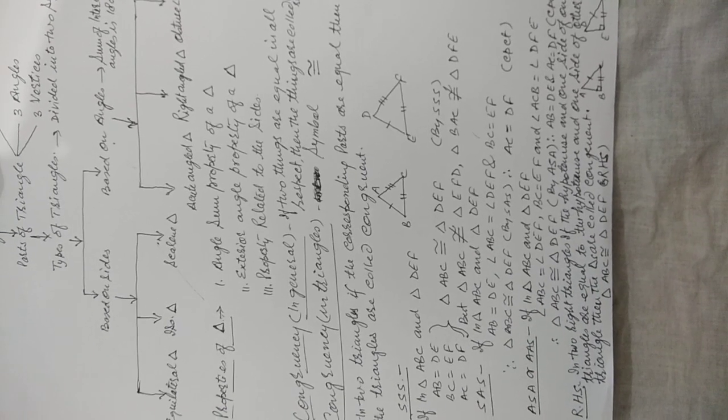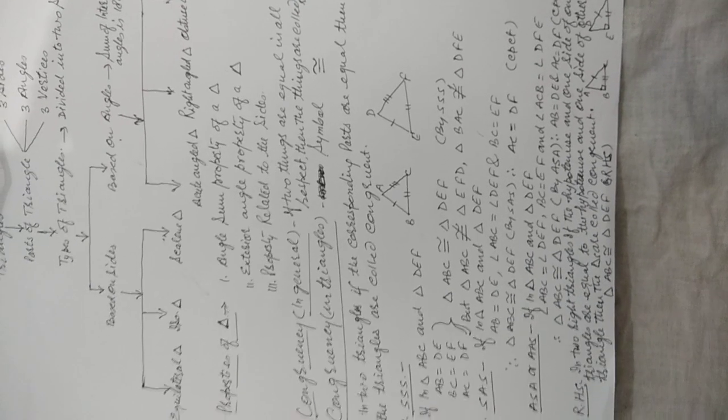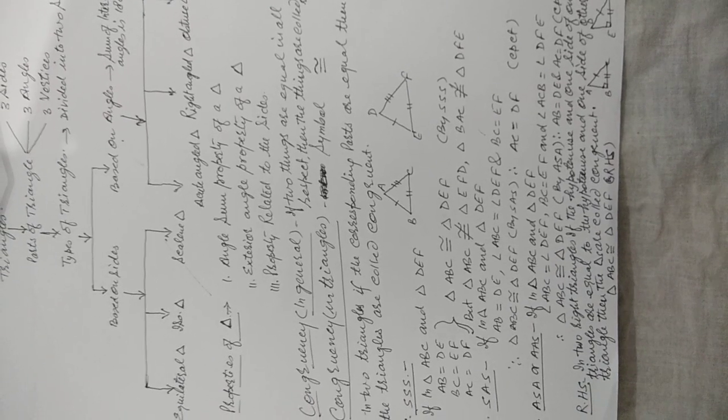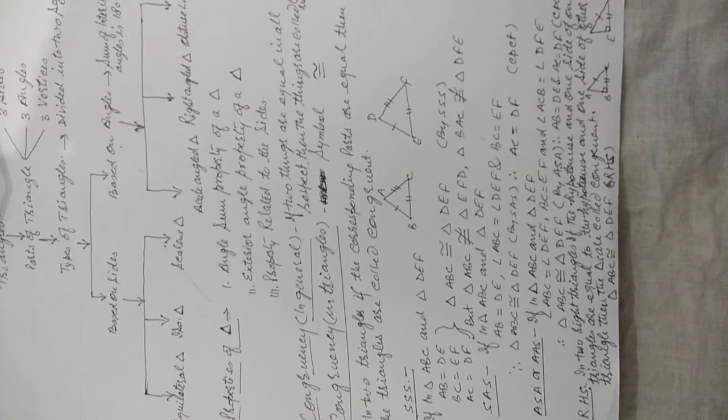In that case also, the remaining part, that is AC and DF, regarding sides, AC must be equal to DF, and this property is also known as CPCT, that is corresponding part of congruent triangle.